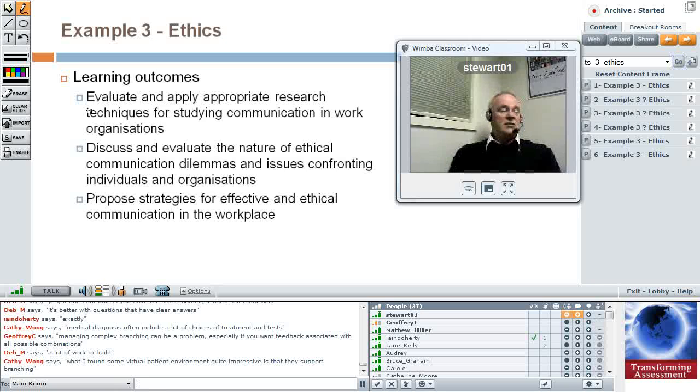This assignment is a fairly large one. Here, it's a little different from the other two. Students aren't really expected to make a diagnosis or a recommendation as to what somebody should do at the end of the scenario.